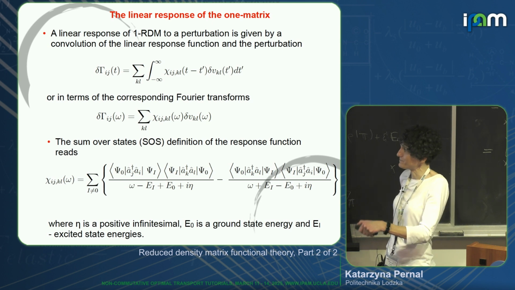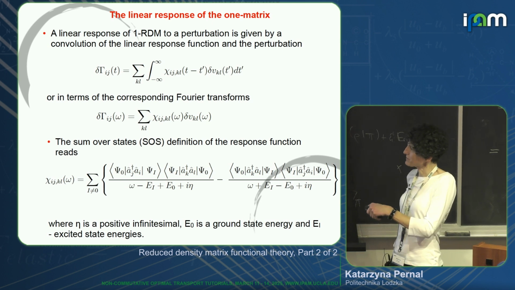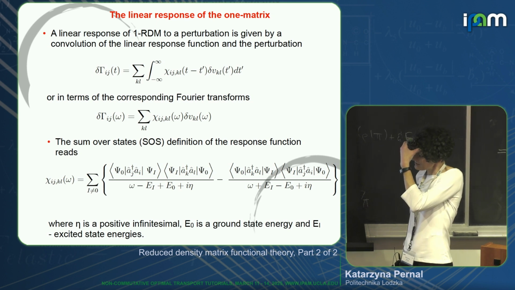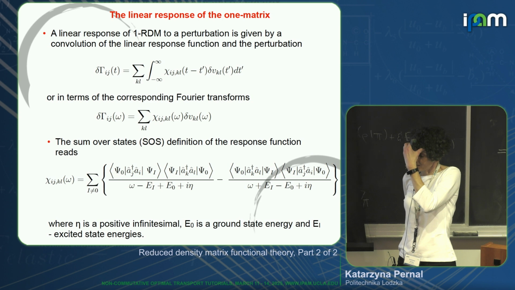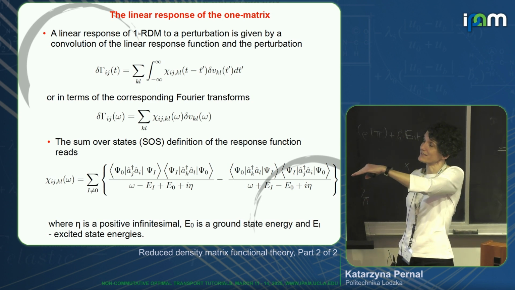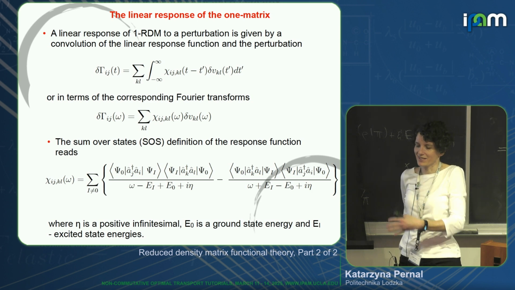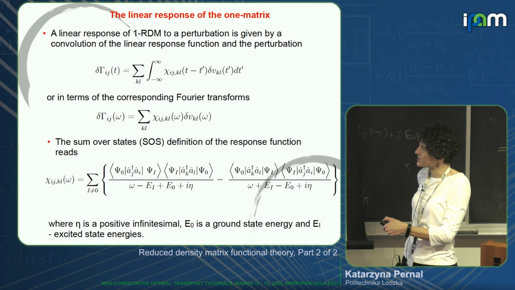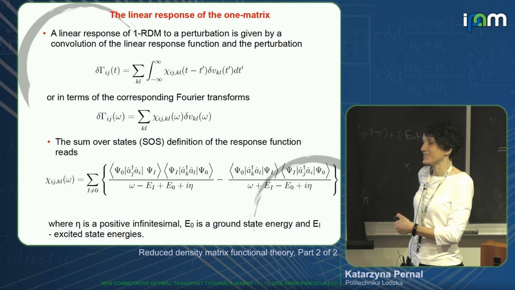The answer is here. We call those higher states excited states, and the differences between the excited state energy and the ground state energy we call excitation energies, right? So what's the relation between excitation energies and the time-dependent theory?